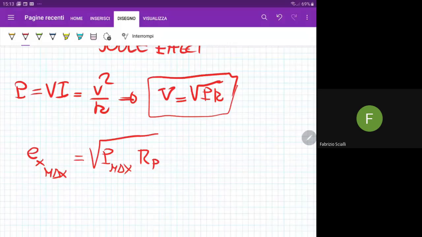Of course, this maximum power depends on the potentiometer configuration. So you have to check in your data sheet what's happening.